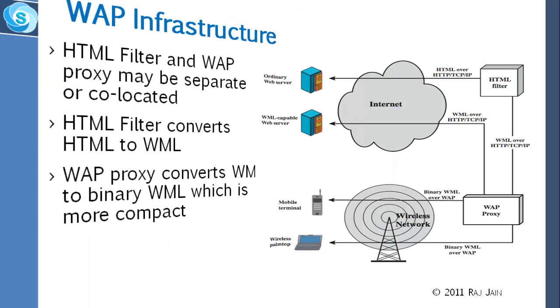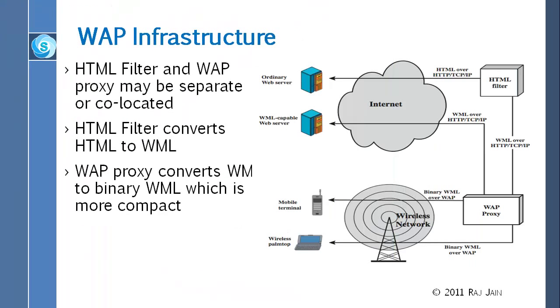And WAP, if you remember, is this system which allows wireless access to web pages. So normal web servers could be designed to be WAP accessible, or they would not be designed that way. If they are not designed that way, then a filter is required which somehow changes the big page into a small page.